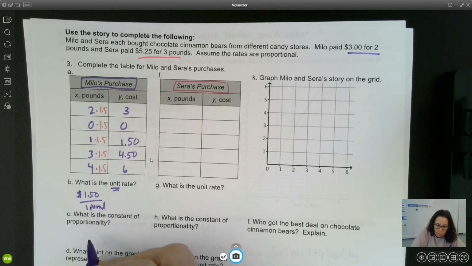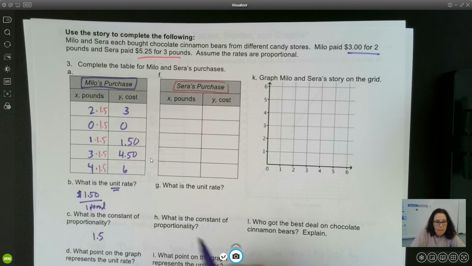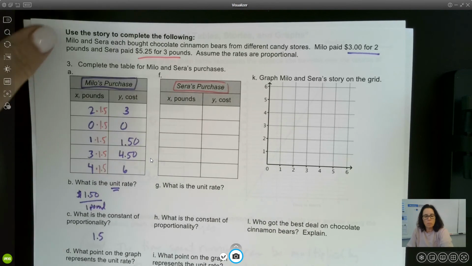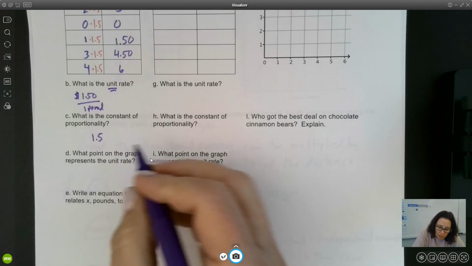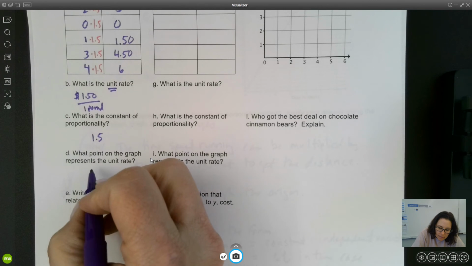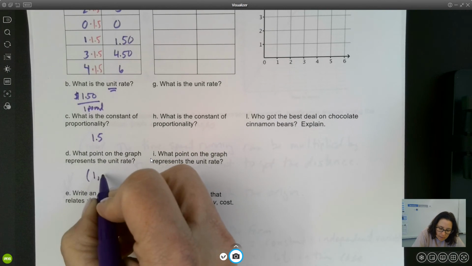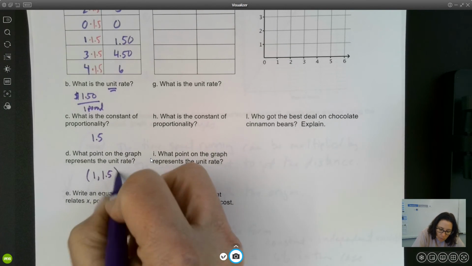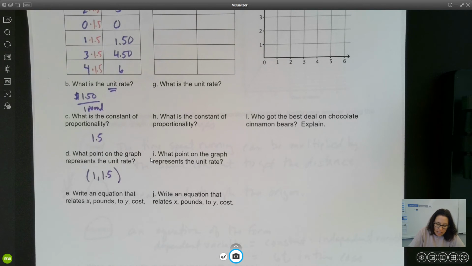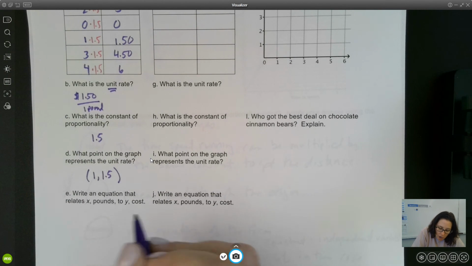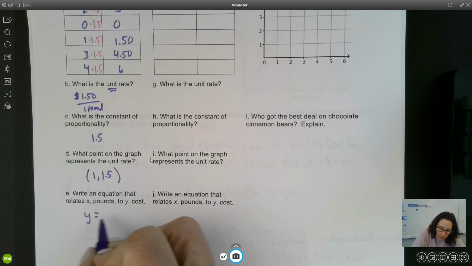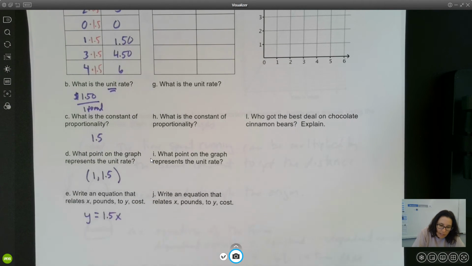The constant of proportionality is 1.5 or 1.50. The point on the graph that represents the unit rate is (1, 1.5), and an equation that relates x, the pounds, to y, the cost, is y equals 1.5x.